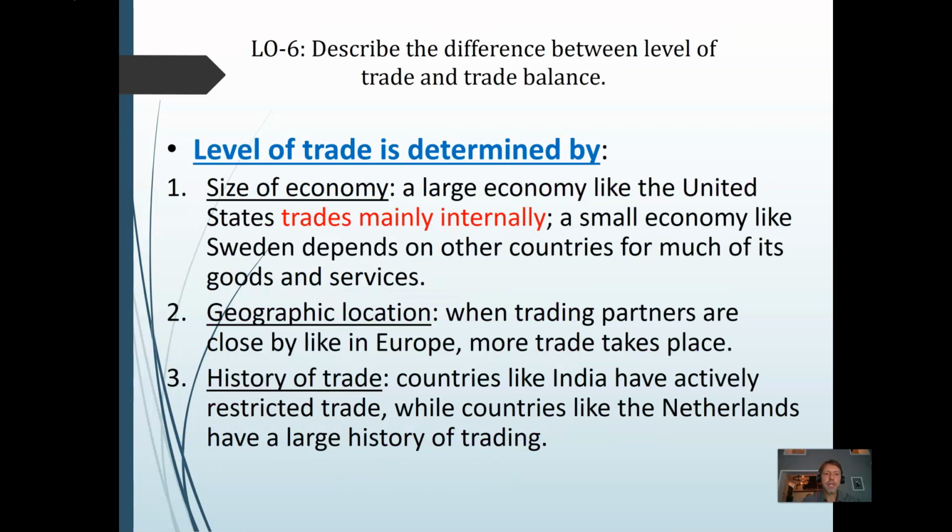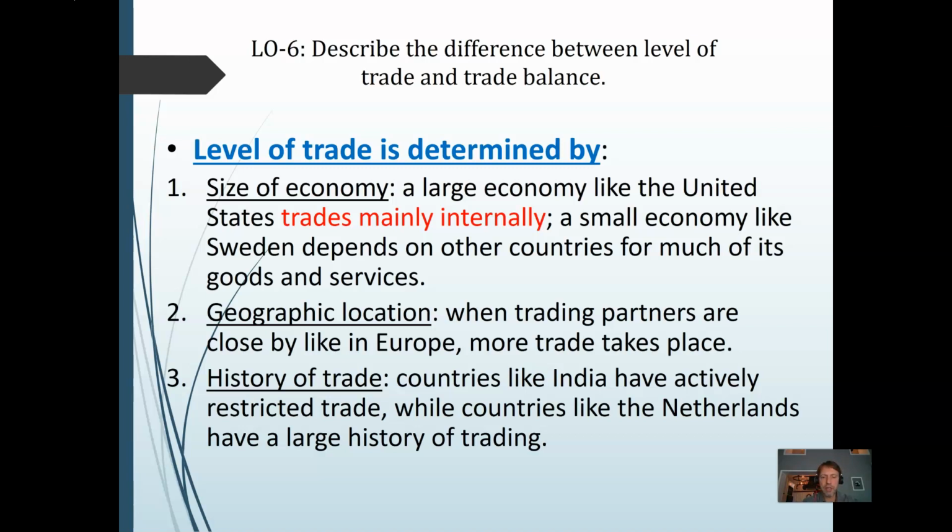The level of trade then is determined by several factors, but three that we'll focus on is the size of the economy. The bigger the economy, like the US, you can do more internal trading between states. The smaller the economy, the more you have to rely on trade with other countries to get the diversity of things that you would like.